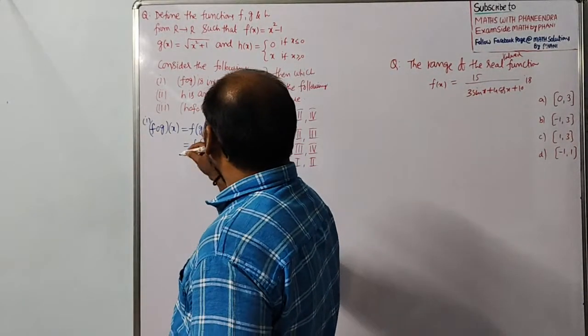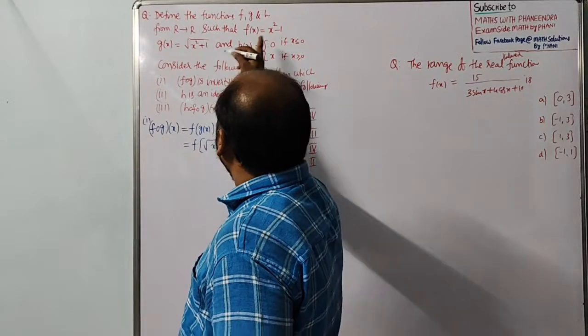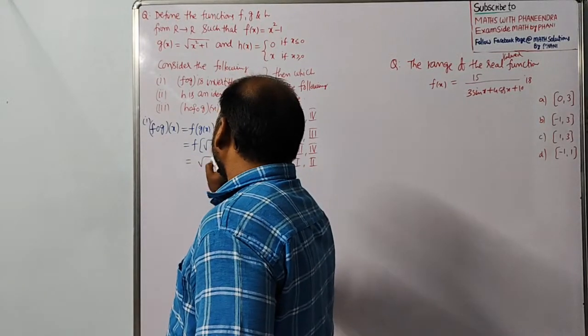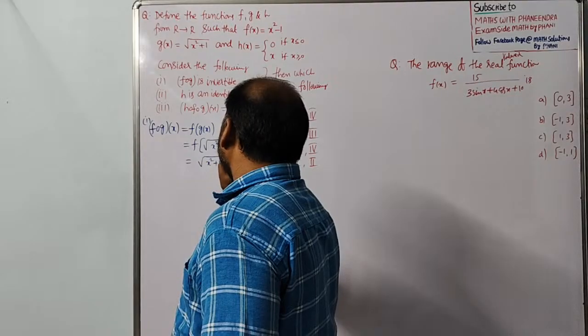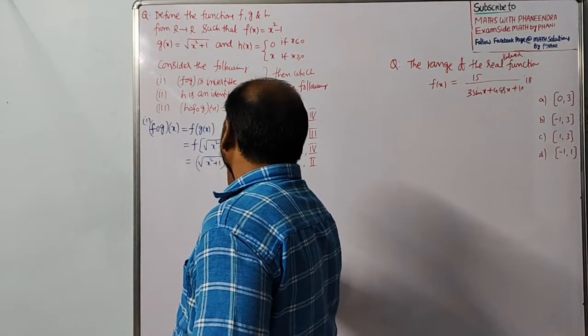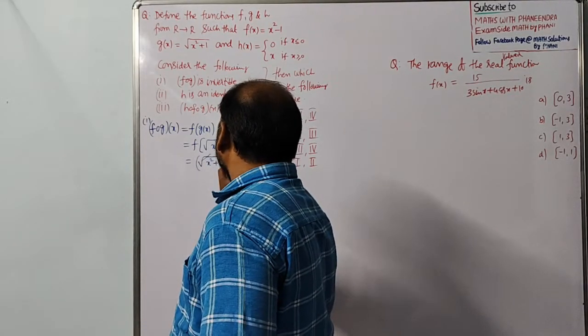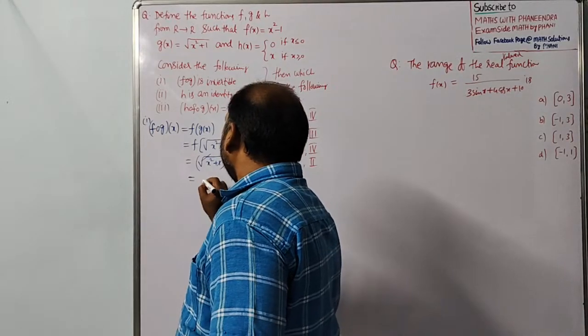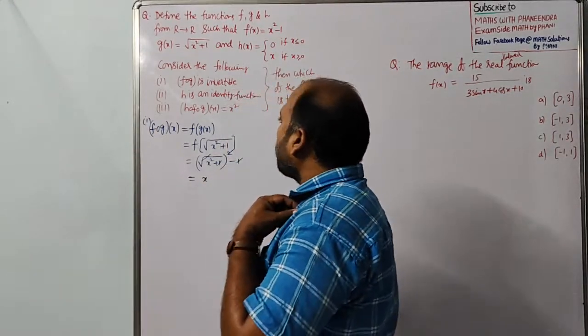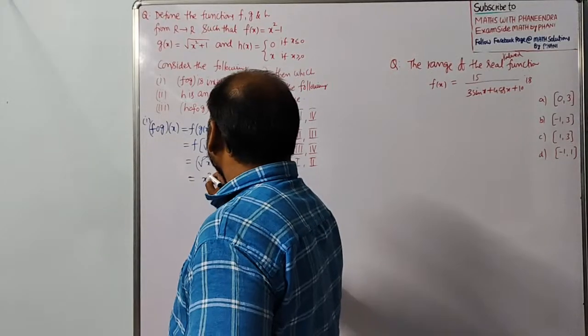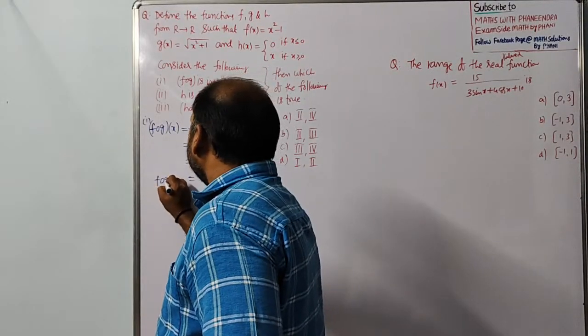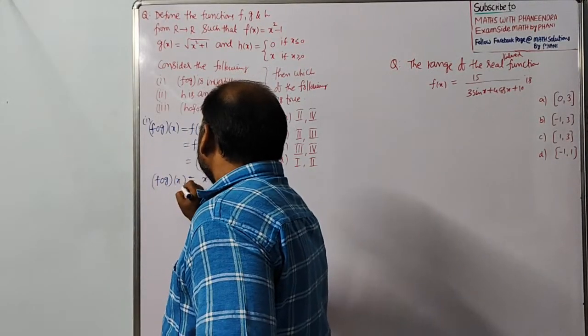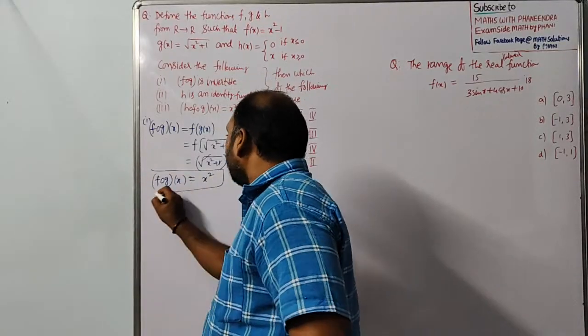So wherever x is there, replace it. What is f of x? x square minus 1. Root of x square plus 1 whole square minus 1. Square and root will be cancelled, minus 1 plus 1 get cancelled. You will get x square. So f circle g of x is equal to x square.